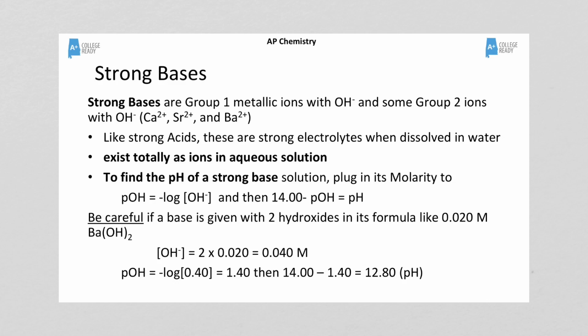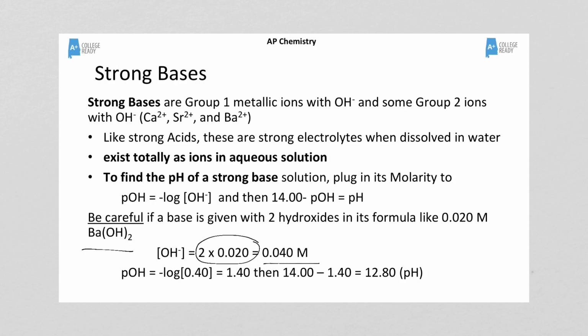Sometimes they'll give you one of those group 2 hydroxides, like barium hydroxide, and they'll give you its molarity, and then they'll ask for the pH of that solution. Just be careful, because when this barium hydroxide breaks into ions, it actually has 2 hydroxides for every one of its formula unit, so you would need to double its molarity. So its actual molarity for the hydroxide ions in the solution would be 0.040 molar.